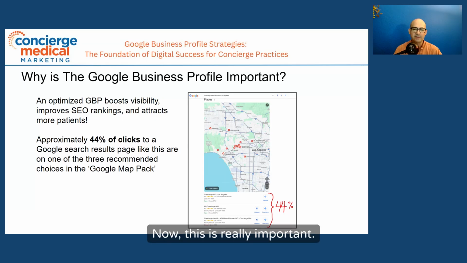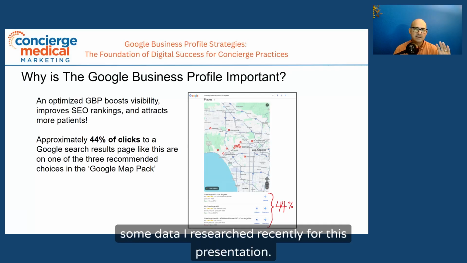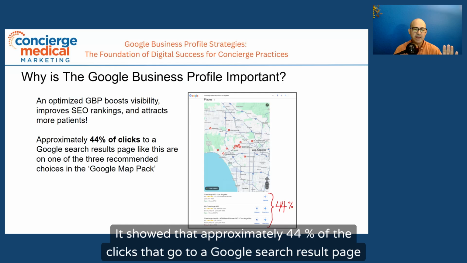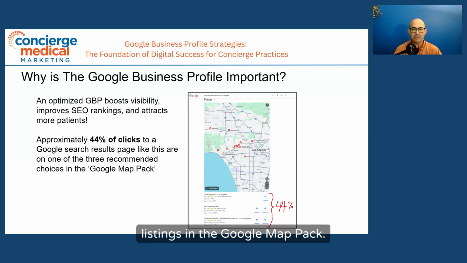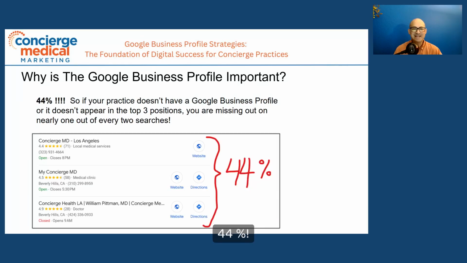Now, this is really important. If you look at the bottom of the screen here, some data I researched recently for this presentation, it showed that approximately 44% of the clicks that go to a Google search result page like the one you're looking at, 44% of the people are clicking on one of those 3 top listings in the Google Map Pack. 44%.